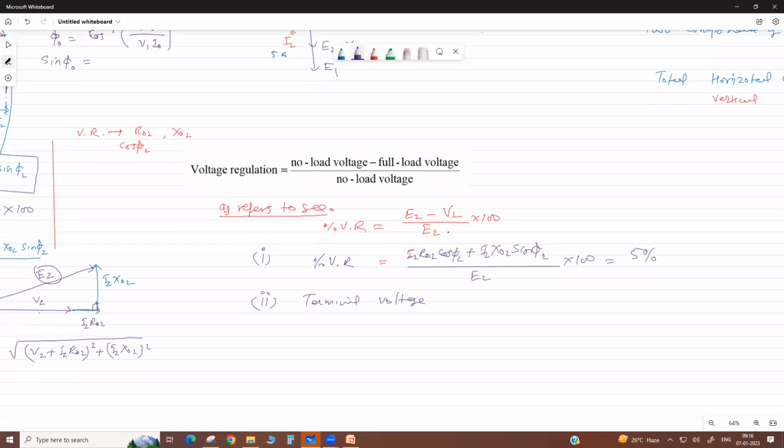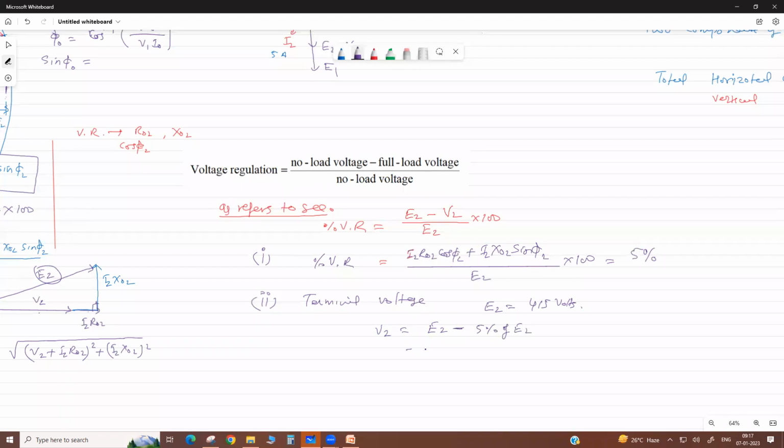Because there is a percentage drop, it means there is 5%. E2 is given, suppose it is 415 volt. Then V2 is the terminal voltage. We calculate how much percentage drop in E2: 5% of E2.